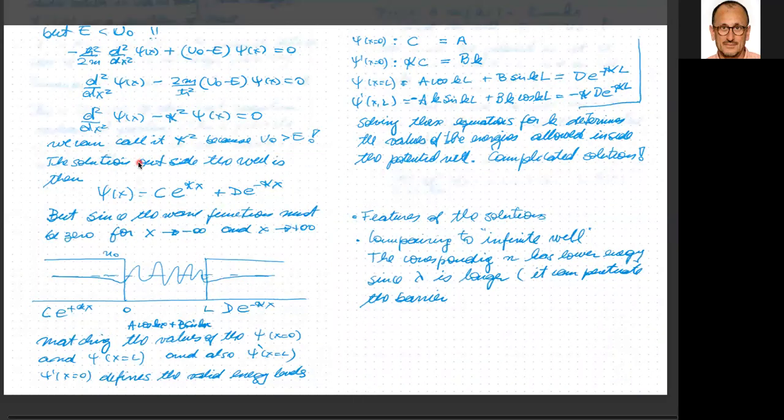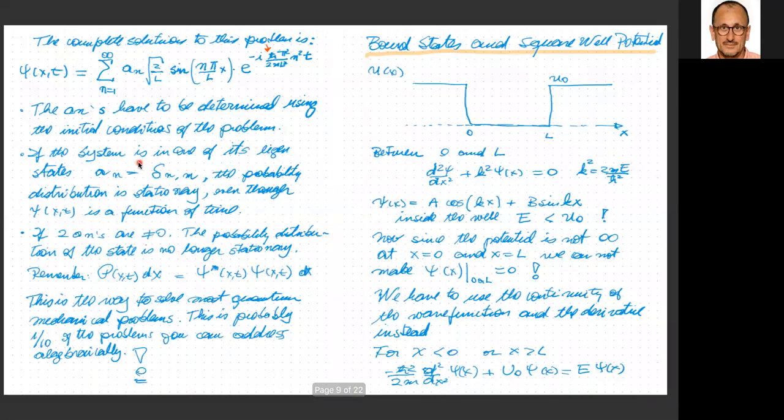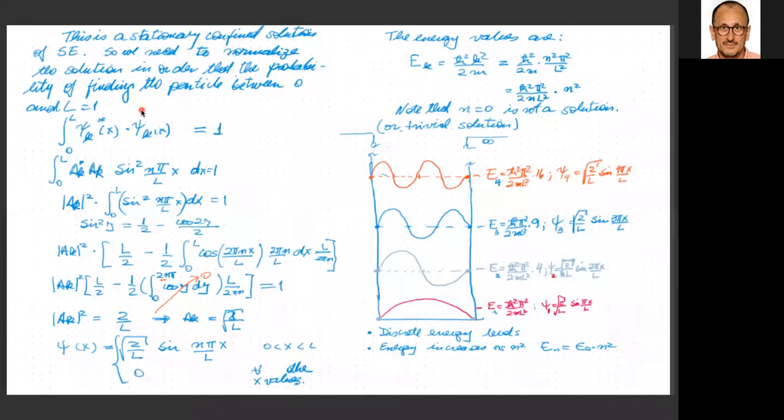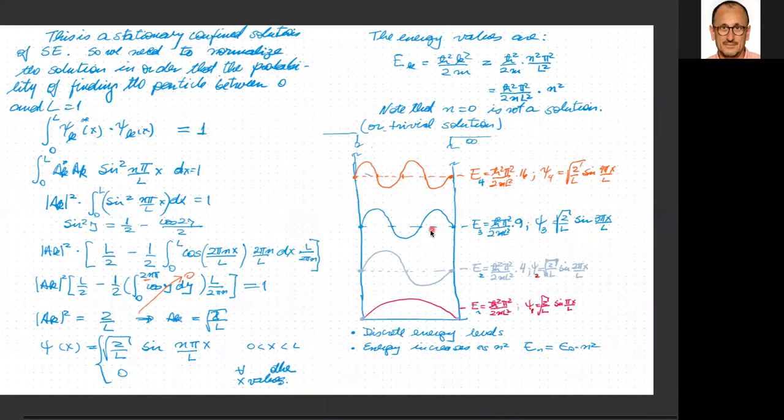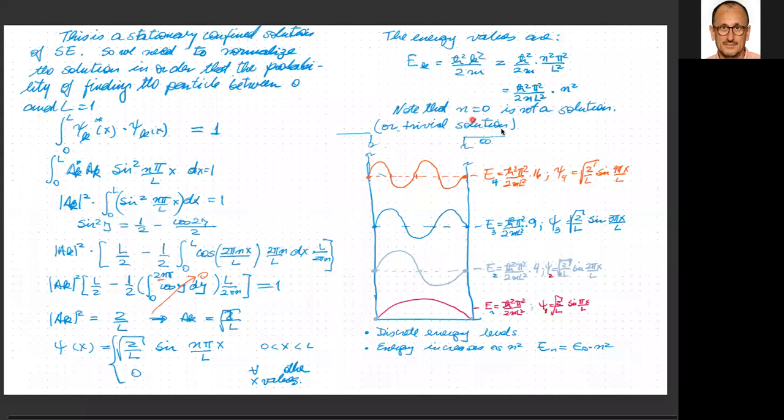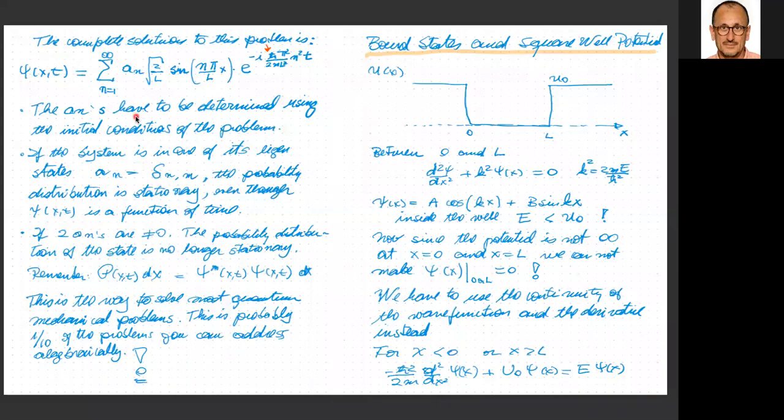So, with this in mind, I go back to the general solution. The complete solution as a function of time for this problem can be written like that: phi(x,t) is an amplitude times the solution. These coefficients here, we don't know.